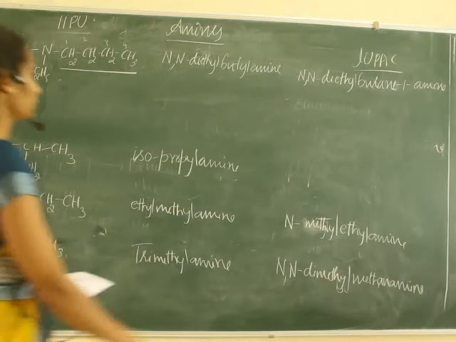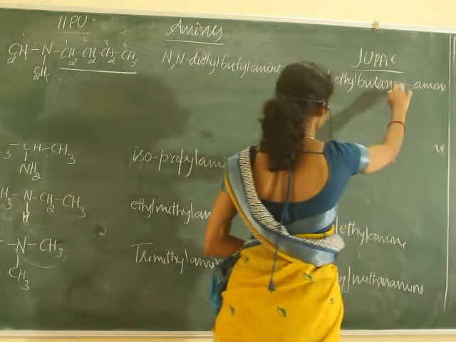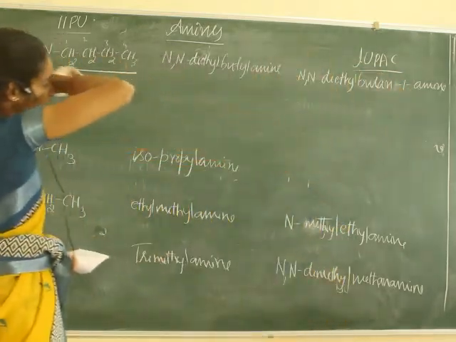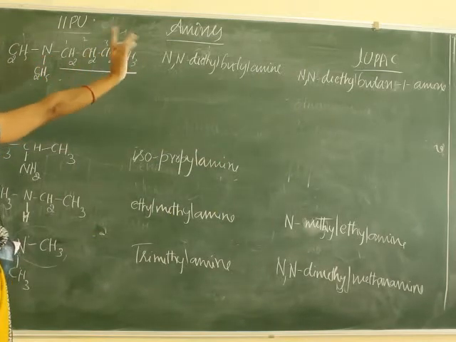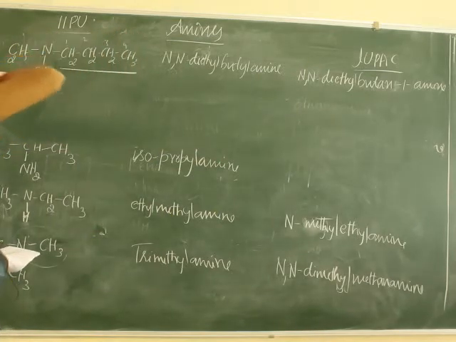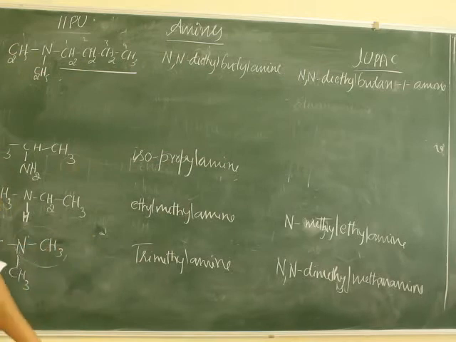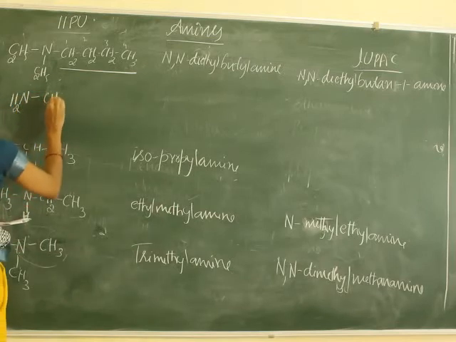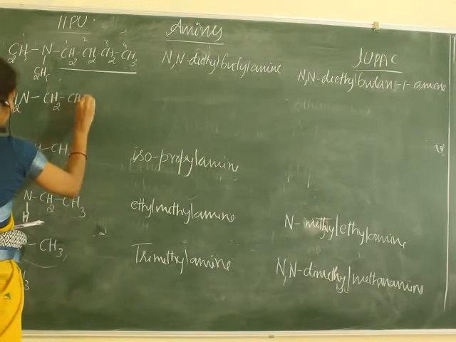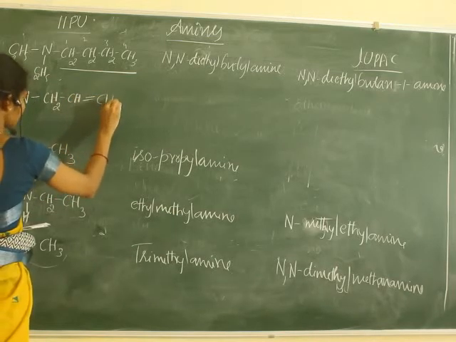No, sorry. If there are two amine groups, then we should retain the E here. If there are two NH2 groups, then only we have to retain the E, correct? That is butanamine. Next, NH2CH2CH=CH2.